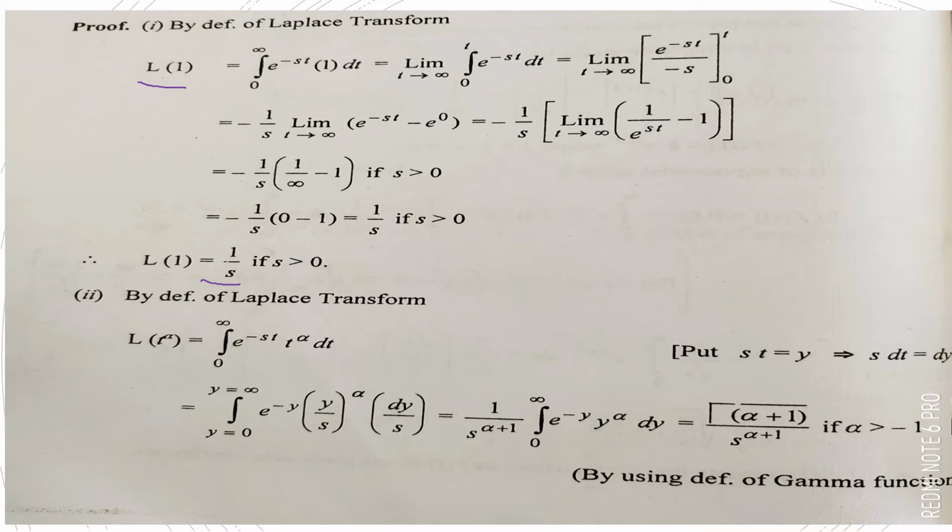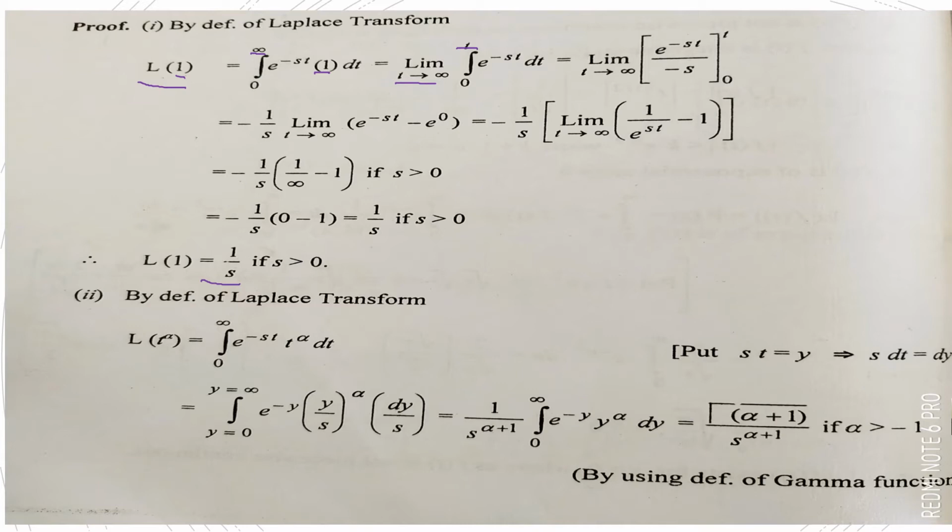How to prove this? We know the Laplace transformation definition: integral from 0 to infinity of e raised to power minus st f(t) dt. Now what is my f(t) here? My f(t) is 1. Now instead of infinity, I have written t approaches infinity. Now you have to integrate this using integration formulas.